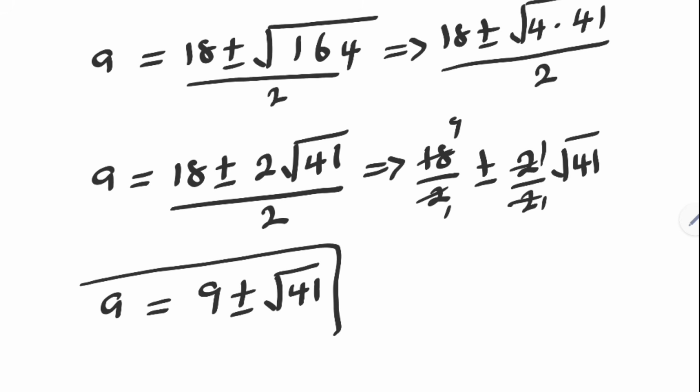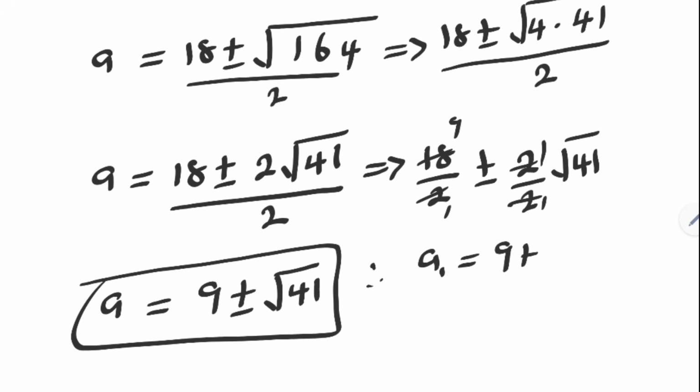This is the value of A. Therefore, A1 is equal to 9 plus root 41, and A2 is equal to 9 minus square root of 41.